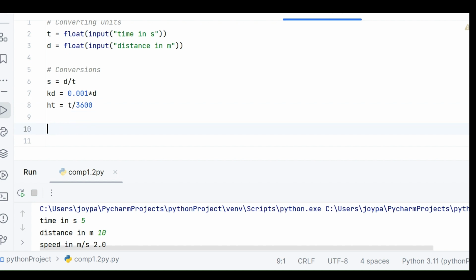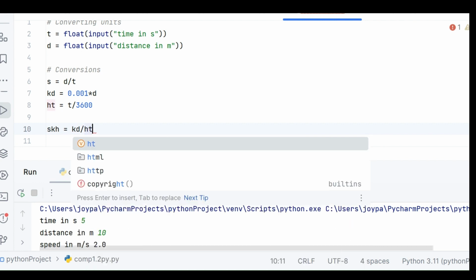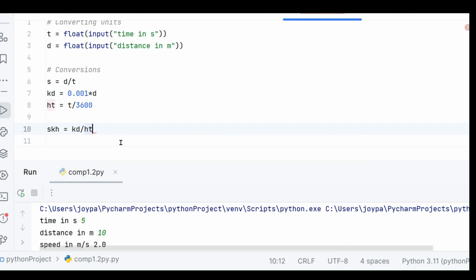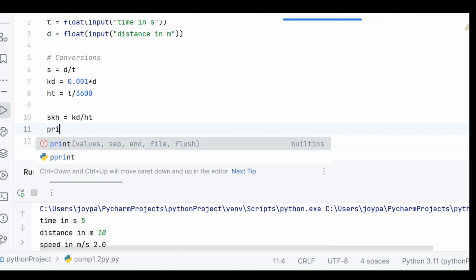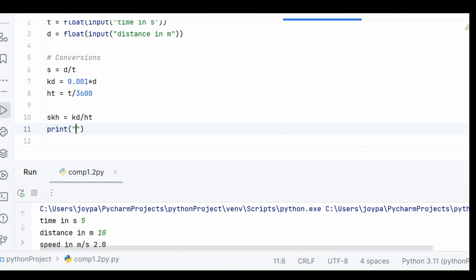Now we need to do our final conversion. So we input SKH, so speed in kilometers per hour, and that's going to equal kilometers distance, so distance in kilometers, divided by HT, in terms of time in hours. And this will give us our correct conversion. And then finally, we need the output. So we need to print, and what I'm going to do, I'm going to print S, but I'm going to be very clear that this is speed.